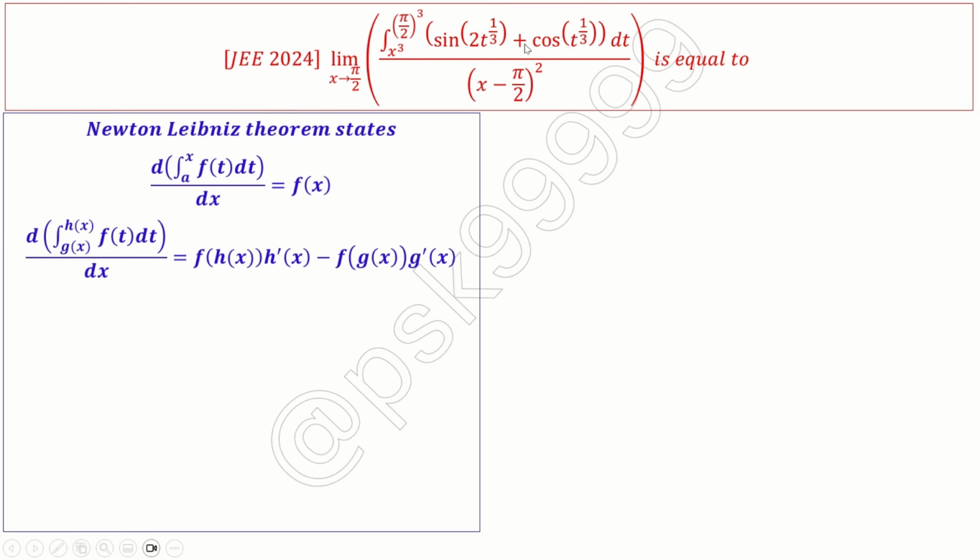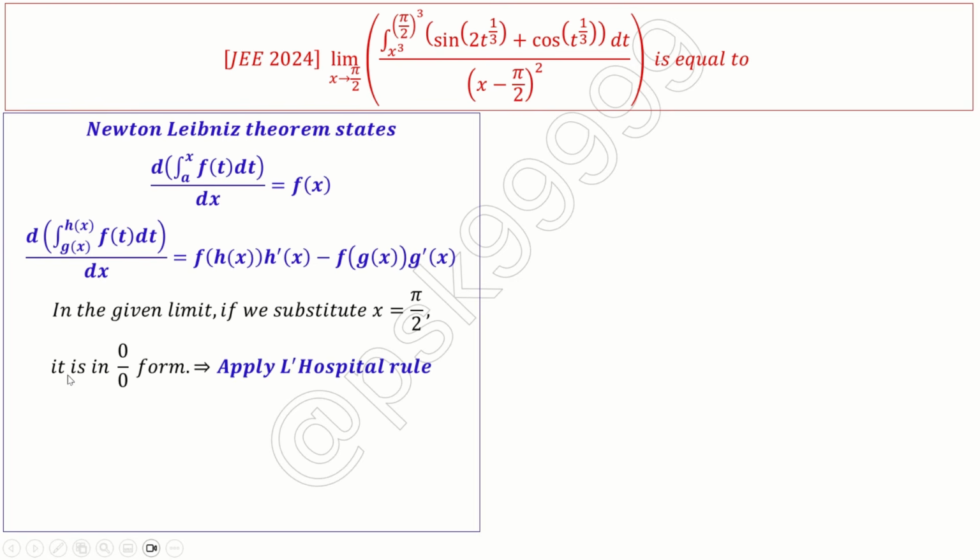This we already checked is in 0 by 0 form, so we need differentiation, right? So when you differentiate the numerator, I need to just apply the limits and differentiate. So for the upper limit, if I apply it, this will become sine 2 times pi by 2 cube, because t is pi by 2 cube, into the differentiation of pi by 2 whole cube, which is 0 because that is a constant.